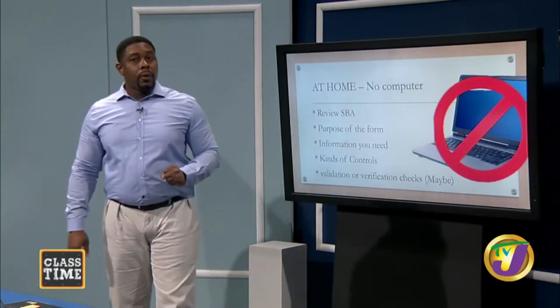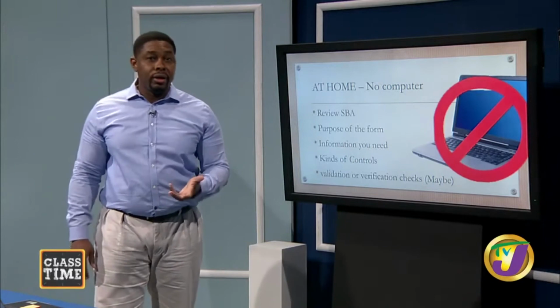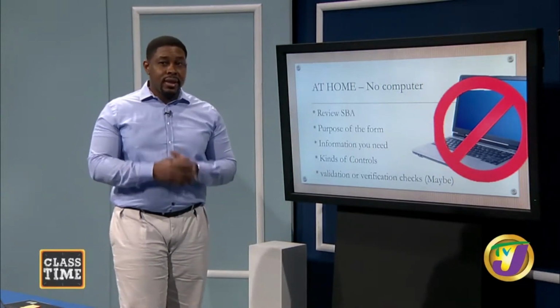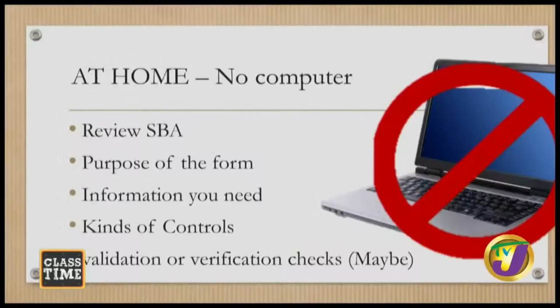All right? Now, maybe you're at home, you're listening on the radio, you're watching the television, and you don't have internet access. If that is the case, then eventually you will need to create the form electronically. But what I would like to encourage you to do is to review your SBA first and foremost and identify the purpose of the form.